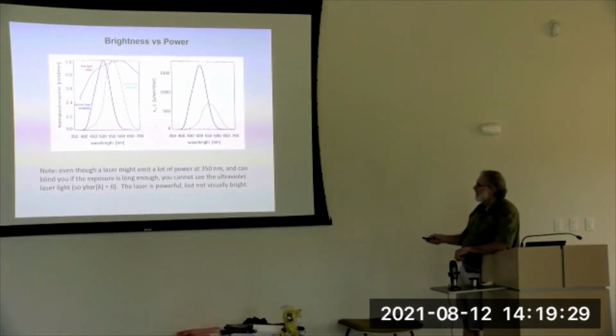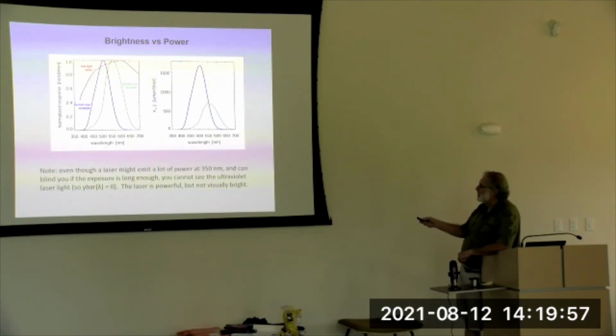Here's another plot of these brightness functions. The green is the photopic luminosity function. The blue is the scotopic at night. And here's the performance of a low light video camera that I've been working with, all normalized to 1. And here now is this photopic curve with the calibration put in.